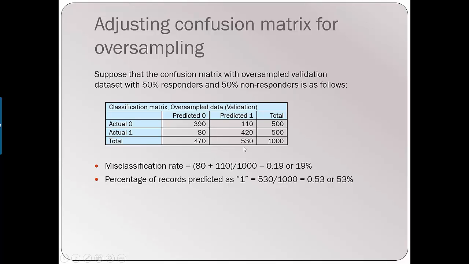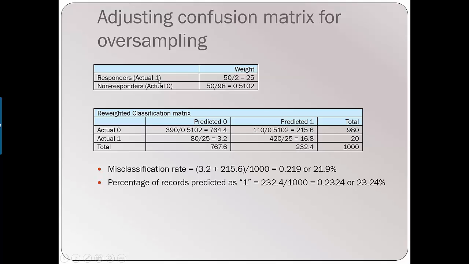And the percentage of records that are predicted as 1 is 53%. But this is misleading because the validation set is oversampled. So now you have to take these weights and use these weights to adjust or reweight your classification matrix and then compute the misclassification rate. So let's look at this example in Excel.